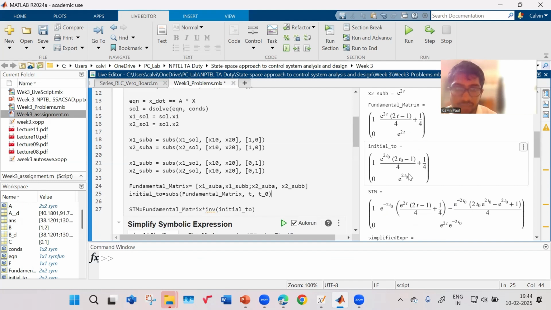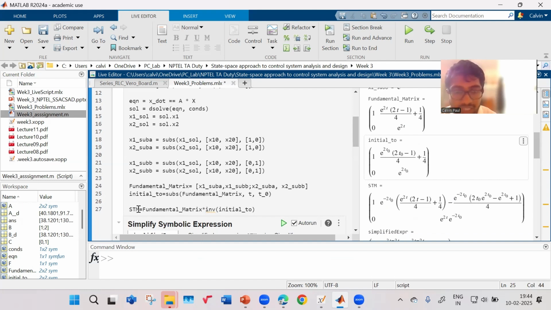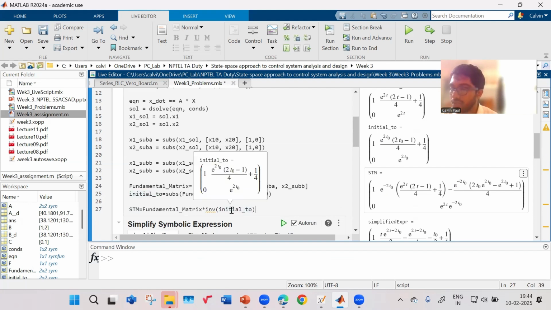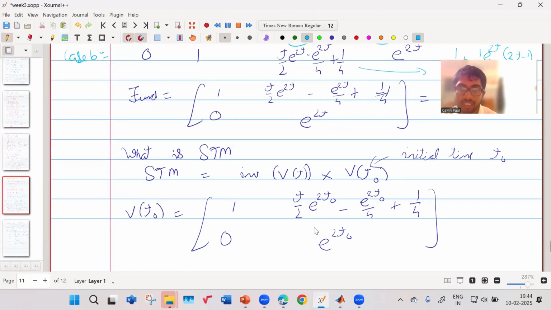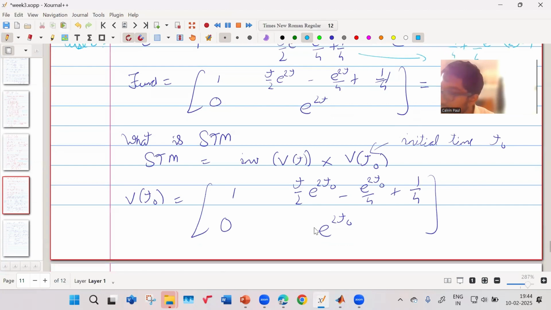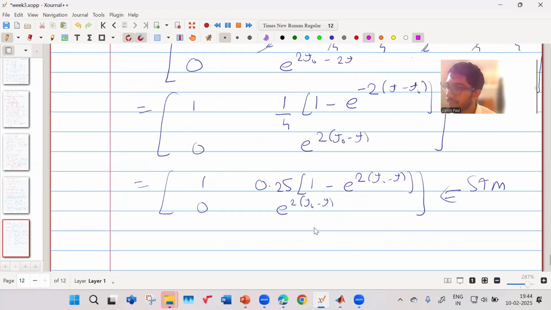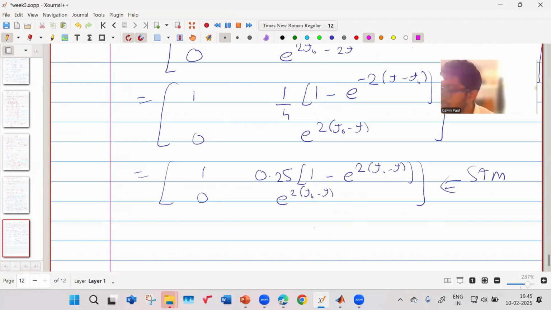Initial matrix. And actually the state transition matrix is the fundamental matrix into the inverse of this initial t0. What I did was I took the inverse of the fundamental matrix into initial t0. So let me correct myself. So this is the error, this is the mistake which was made, that's why this is wrong.